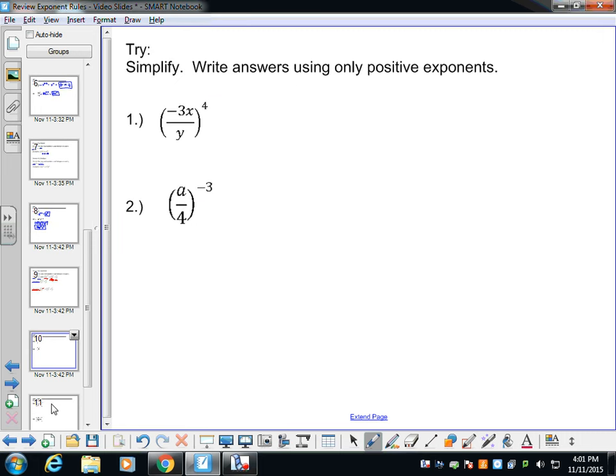Try these two on your own. The first one we get is negative 3 to the fourth, x to the fourth over y to the fourth. Negative 3 to the fourth is 81, x to the fourth, y to the fourth.